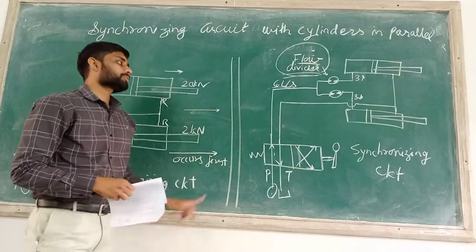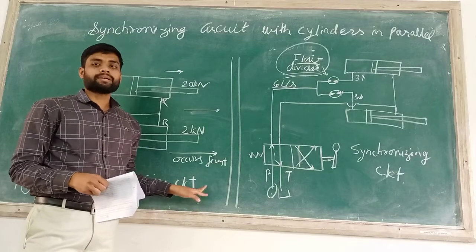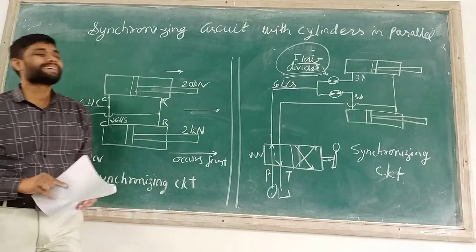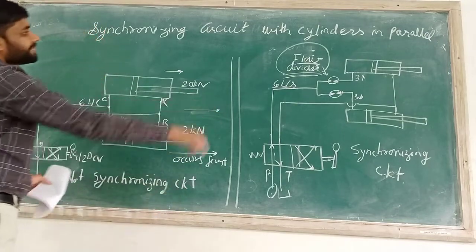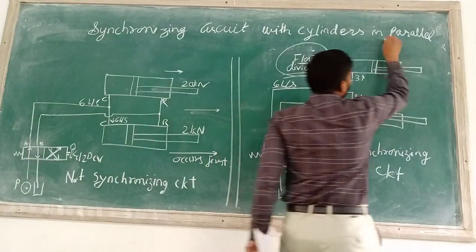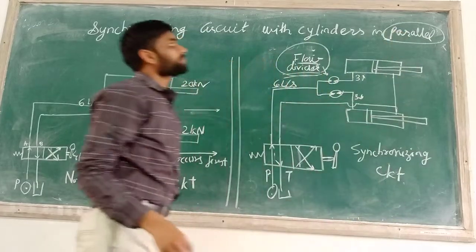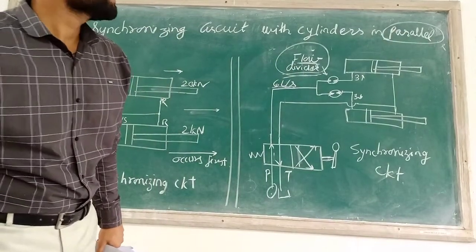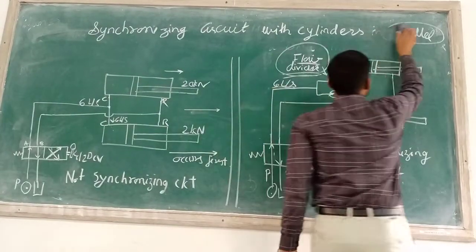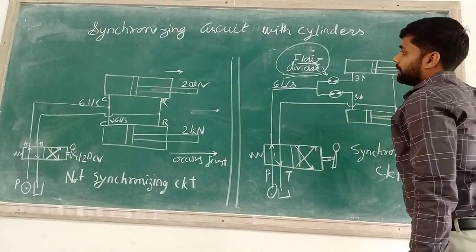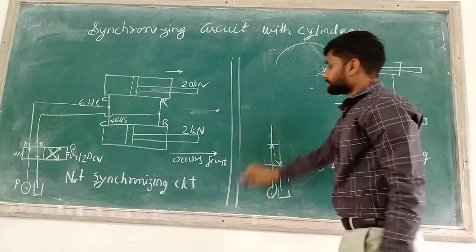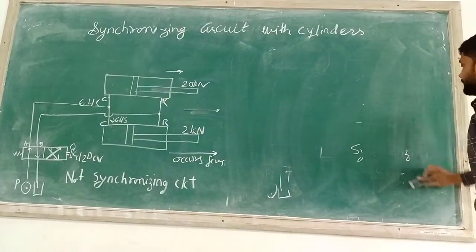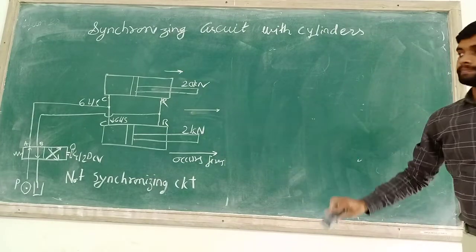Okay, so here we are stopping, and if you have any doubts, then you can ask. So this is for the cylinders when they are connected in the parallel line. Now we have to see the synchronizing circuits with cylinders in series.